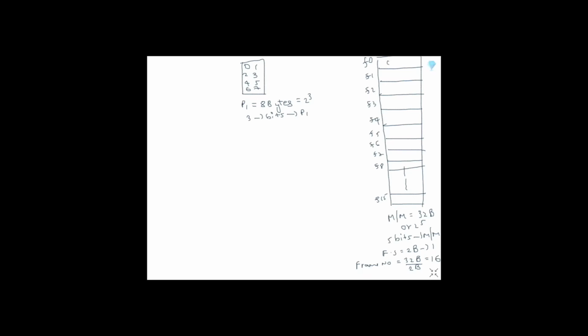And there are 32 bytes, so since there are 2 bytes in each frame, the last frame holds the 30th and 31st bytes. So there are 16 frames, and in order to represent the frame number, we need 16, that is 2 power 4. So we need 4 bits to represent the frame number.